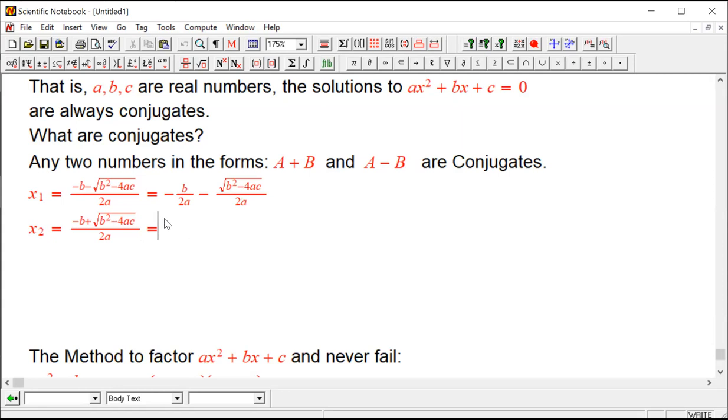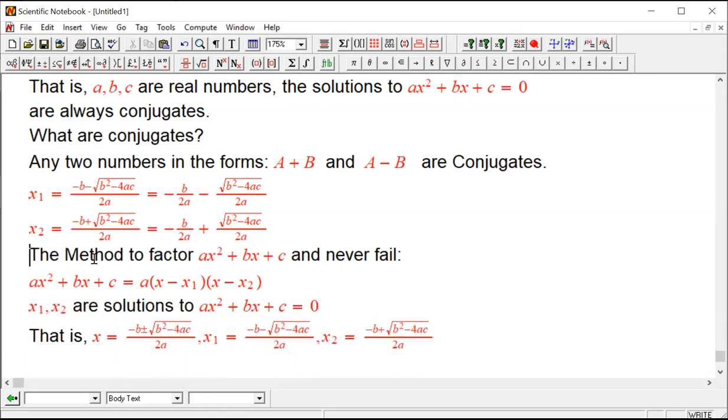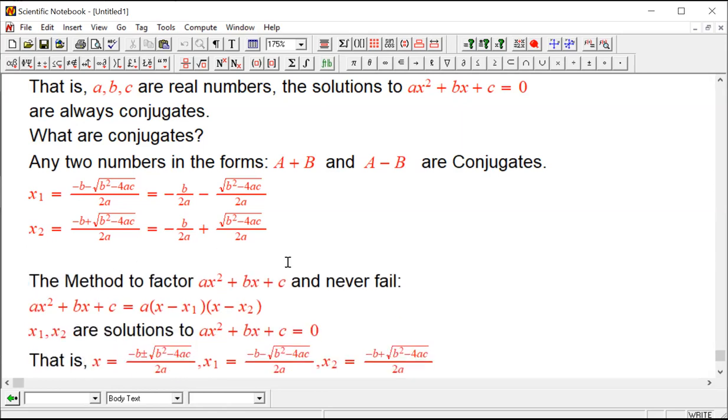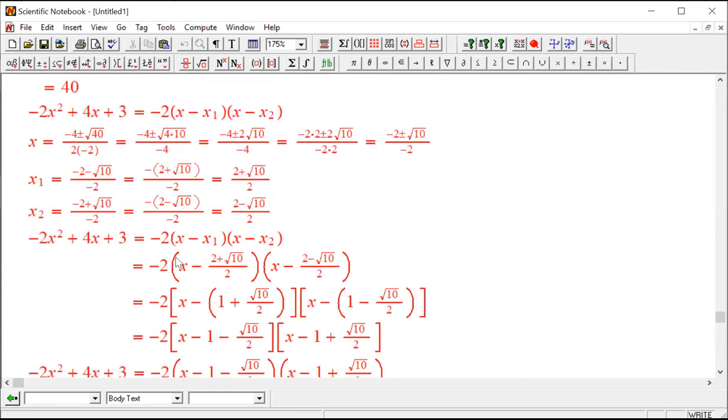The next one is negative b over 2a plus the same term, so you can see these two numbers are conjugate to each other. This is a capital A and this is a B, so one is A minus B, the other one is A plus B. So this conjugate relationship is embedded in the quadratic formula.